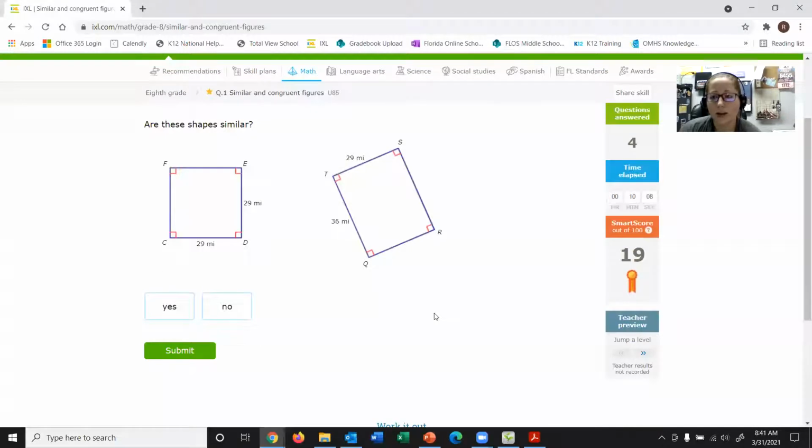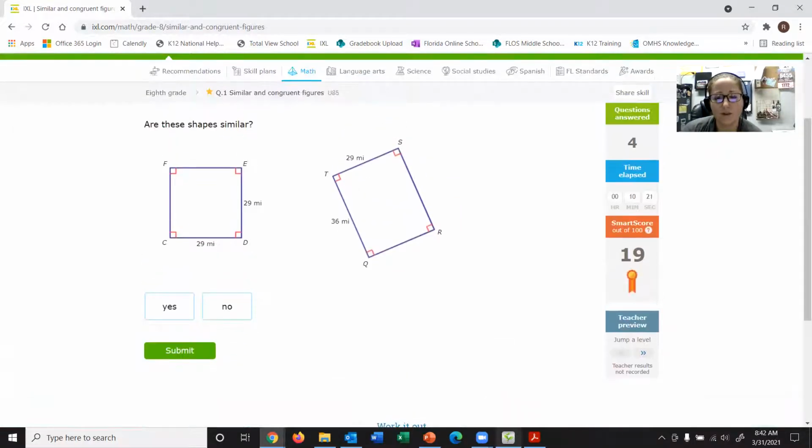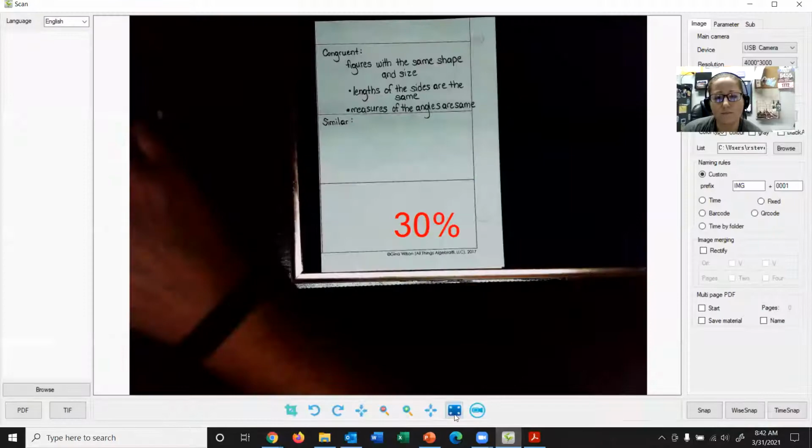Now we want to get into talking about similar figures. The definition is going to be slightly similar to, but different from, what congruent figures are. So let's go back to the other screen.